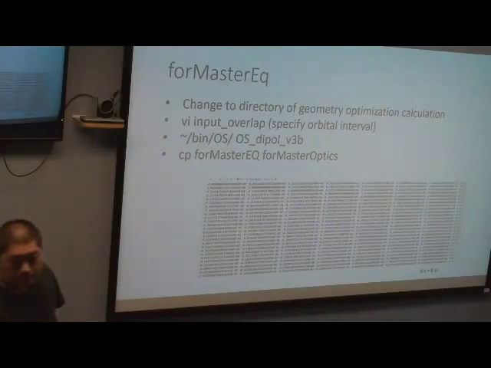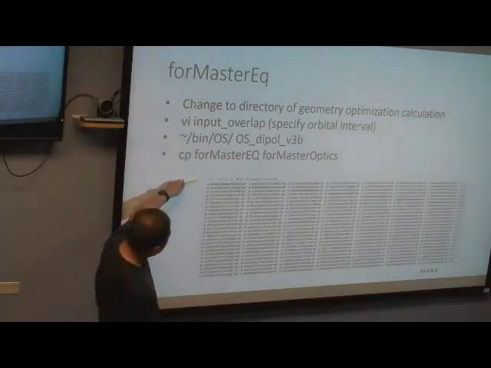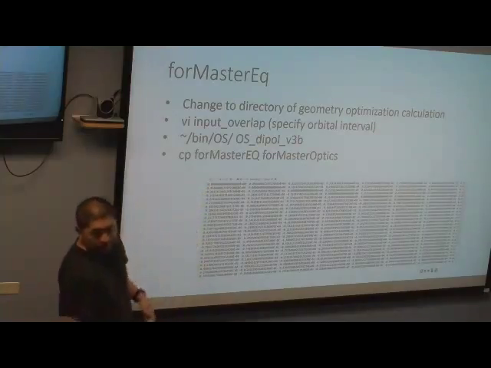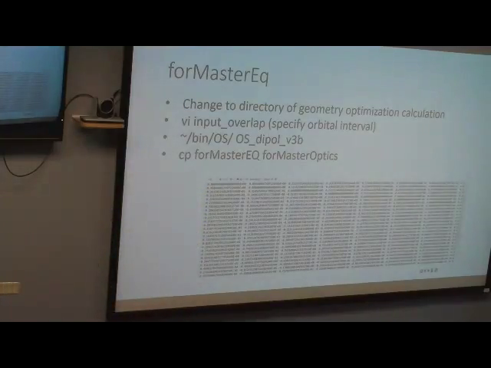I guess it is the number of orbitals times the number of orbitals. It's a square matrix. But if you use not all orbitals but an active window, then it will be the number of orbitals in the active window squared. If you see, the diagonal is 0 because there are no optical transitions from an orbital to itself.